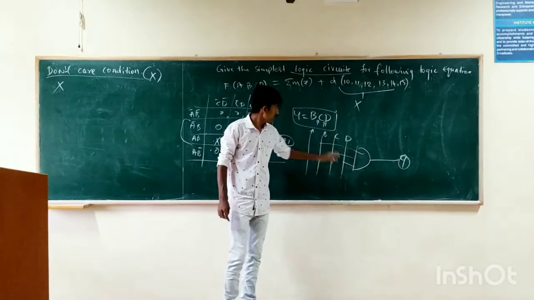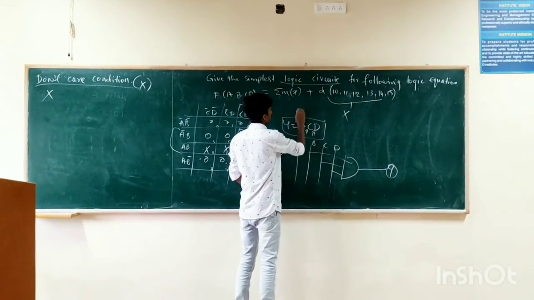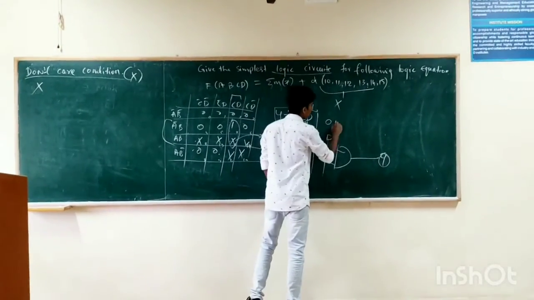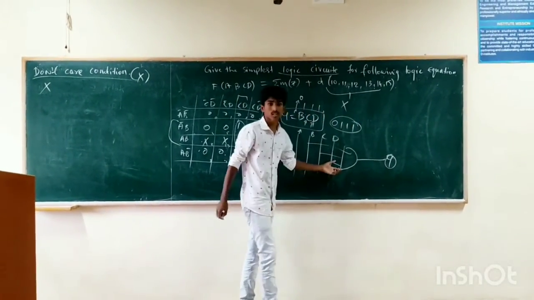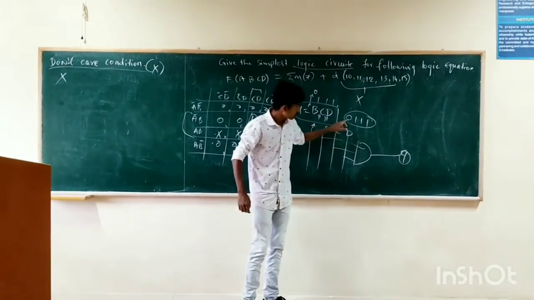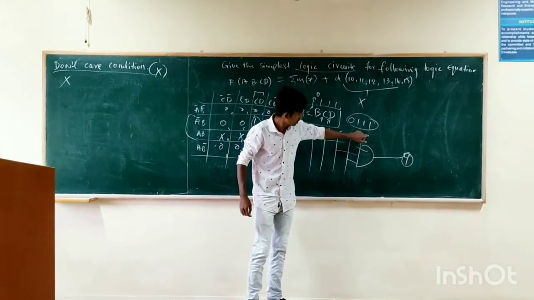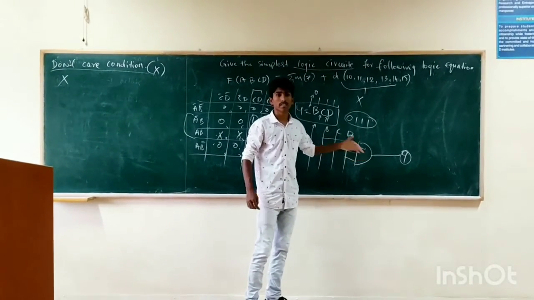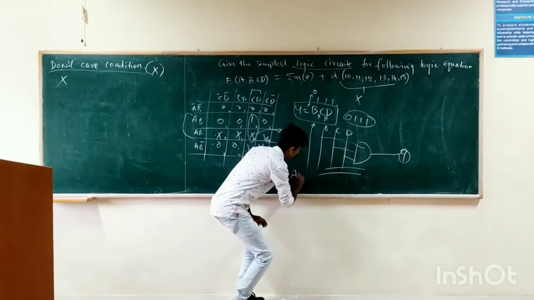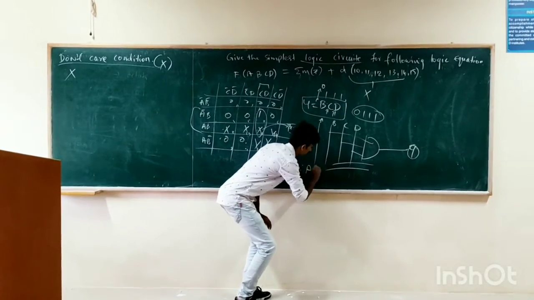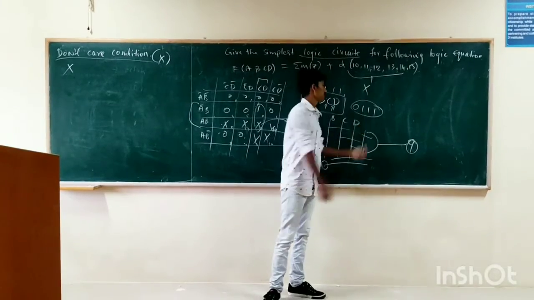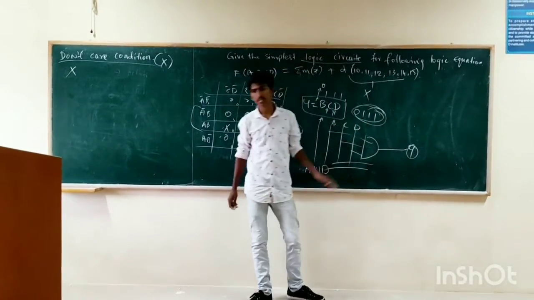See, A is 0, B, C, D are 1, 1, 1. For input 0, 1, 1, 1, the AND gate gives high output. Once again I will explain: for input 0, 1, 1, 1, we are going to get high output.